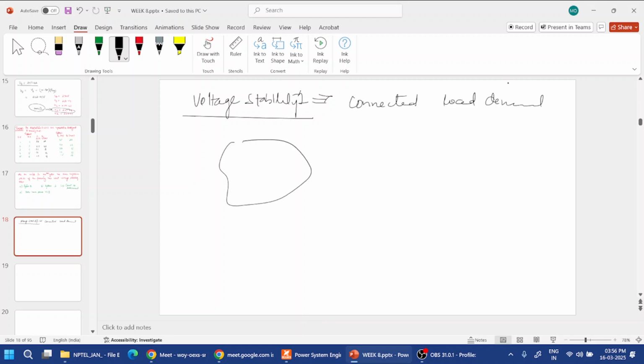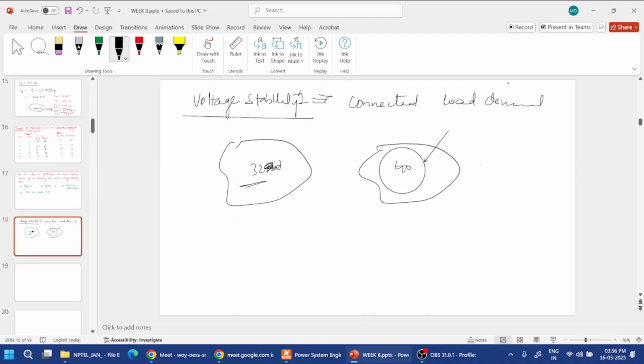Okay, let's say a system has a load demand of 32 kilowatt, and another has a load demand of 40. So what happens here is that the nodes in this system will get a more poor voltage profile if we add more load.